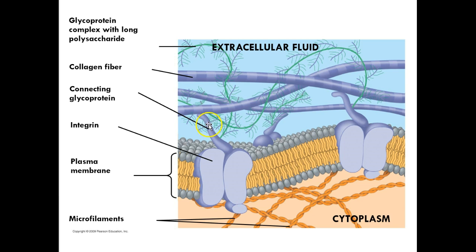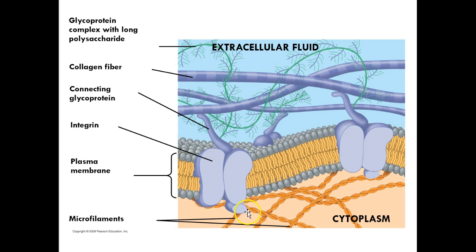You can see this connecting protein, and they connect cell A to cell B and make sure that they're linked together at different spots. We have these integrins. They basically have a connection from the outside of the cell to the inside of the cell. And then the plasma membrane, which you've already talked about.